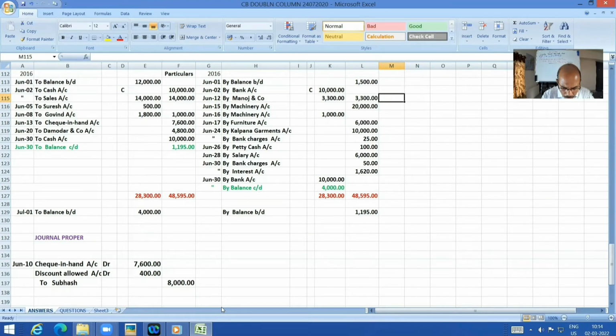Received a money order from Suresh, ₹500. I told you money order means we received cash. Okay, from whom? Suresh. So cash, Suresh 500. Received 2,800 from Govind, paid 1,000 into bank. Read carefully. Received 2,800 from Govind, paid 1,000 into bank.